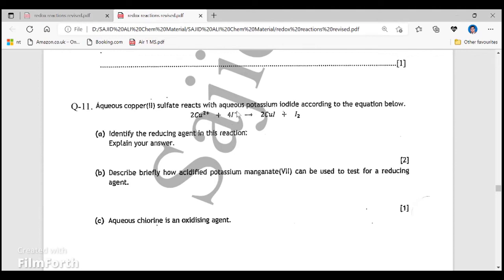These electrons are given by iodide ions, so iodide ions are acting as the reducing agent. Iodide ions are reducing copper(II) ions into copper(I) ions. So iodide ions are the reducing agent.